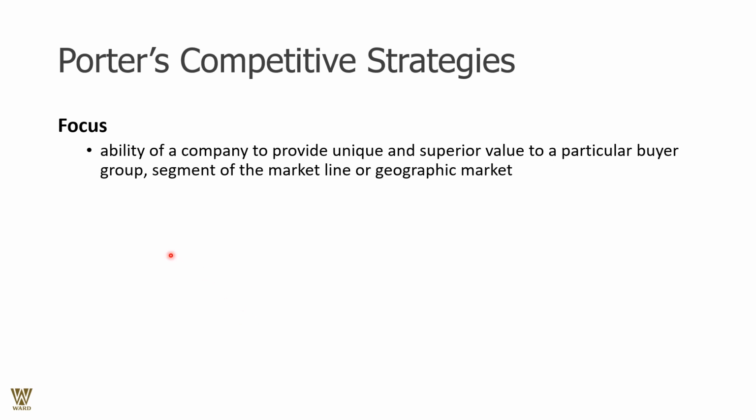Similarly, that is what the niche market is all about. A niche market is either highly at the higher end or absolutely at the lower end. Otherwise it's a mass market that we are looking at. So it is the ability to provide unique and superior value to a particular buyer group, segment of the market, product line or geographic market that we are looking at here.